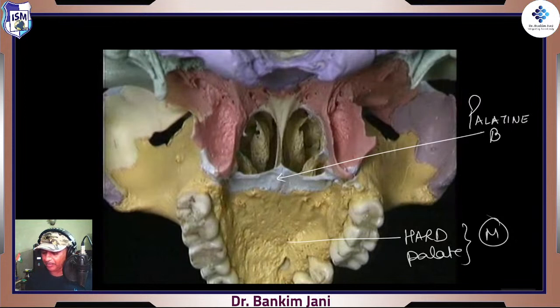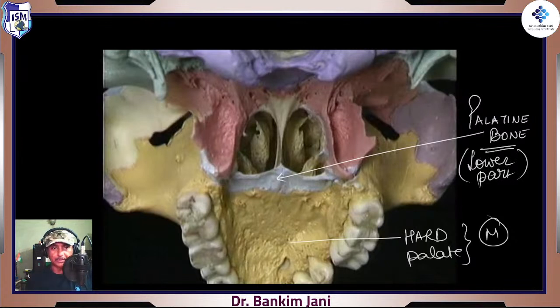So that gentleman who was using that hamulus must be related to this bone. Yes. So the lower part of the palatine bone is forming this posterior part of the hard palate.